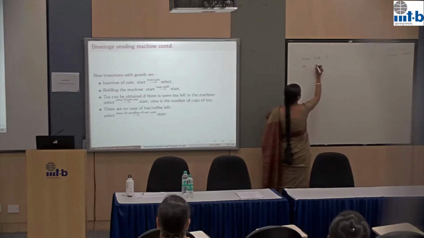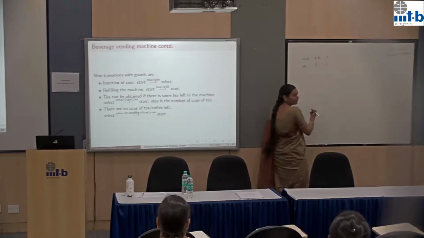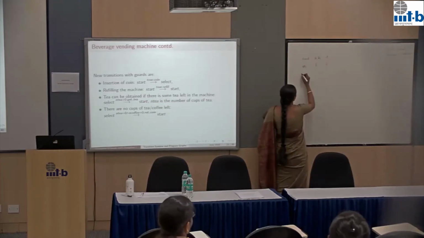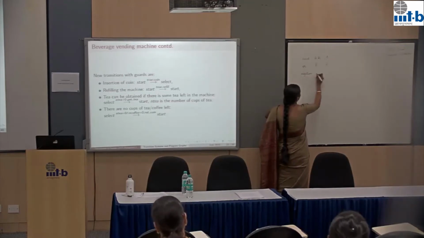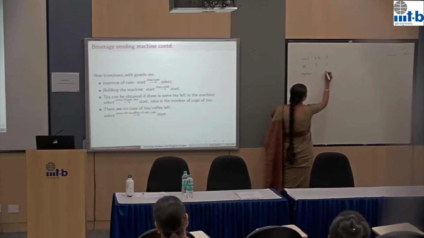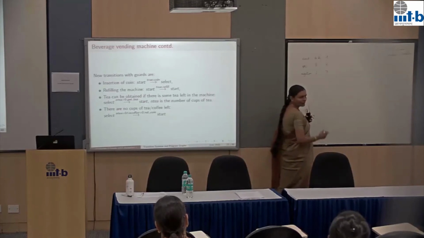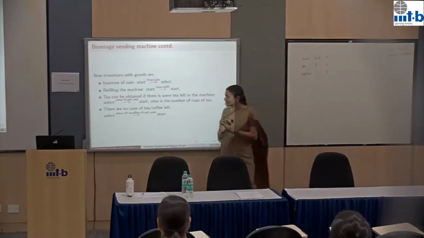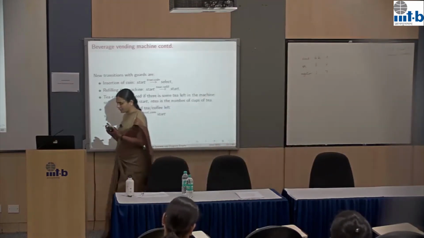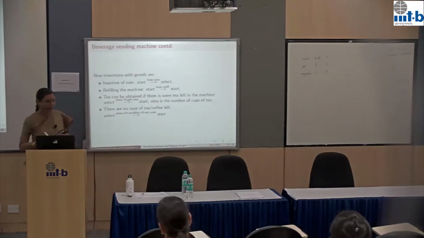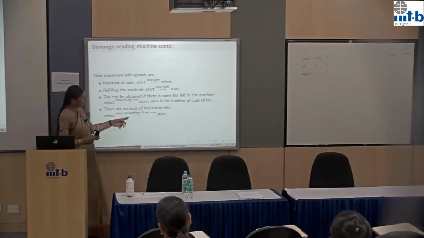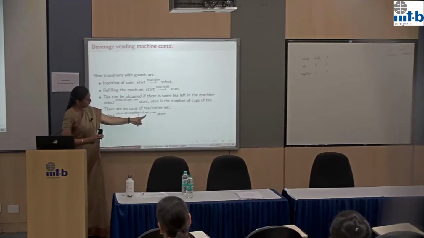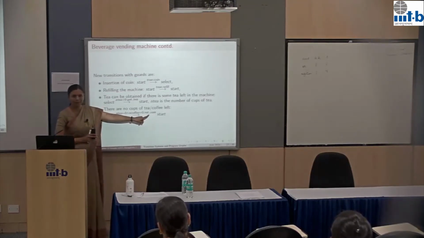The or operator, which we write like this, we write like this in logic. And then the negation. Different programming languages offer different forms, but some of them might write like this. In logic, we write like this, right? So that's the symbol. So it says if the number of cups of tea equals 0 and the number of cups of coffee equals 0, then the action return coin is enabled.